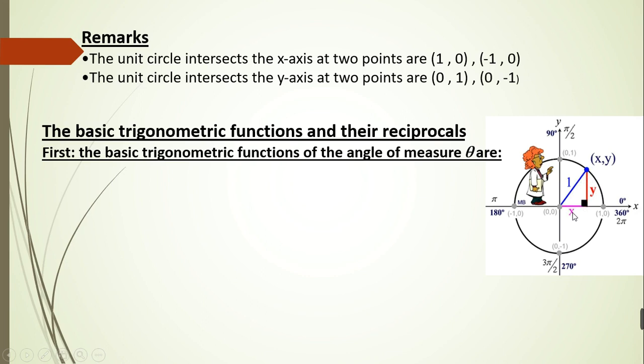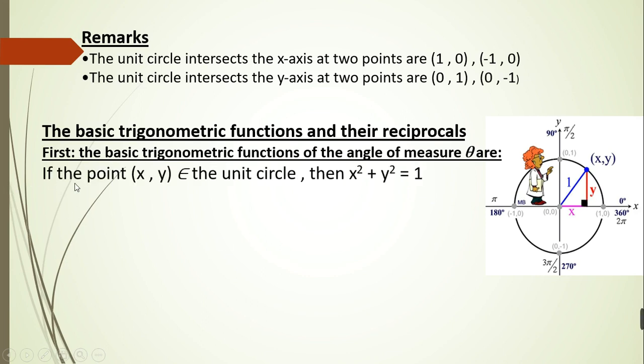What is the relation between the three sides? From the Pythagoras theorem, x squared plus y squared equals 1. So if the point x and y belongs to the unit circle, then x squared plus y squared equals 1.